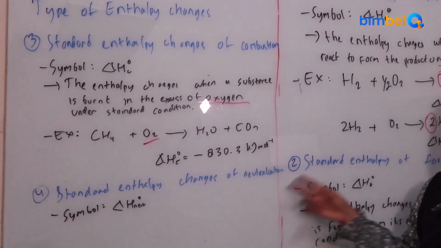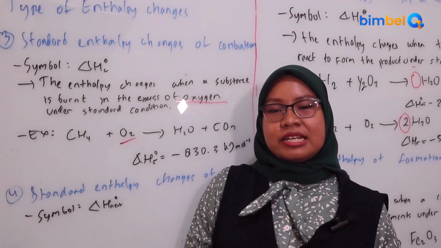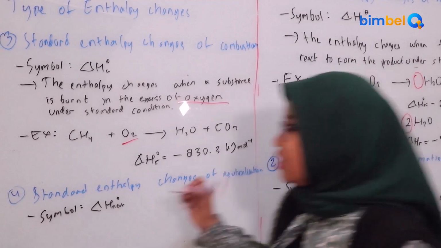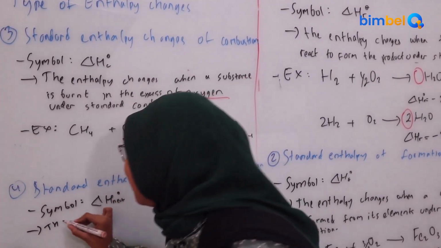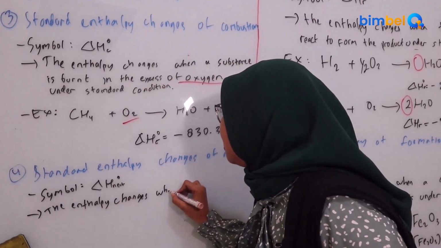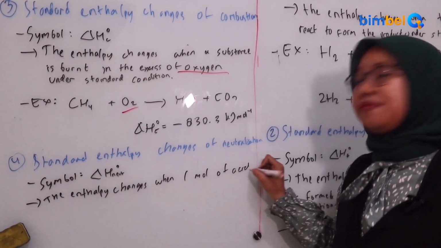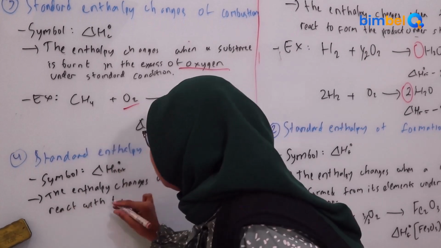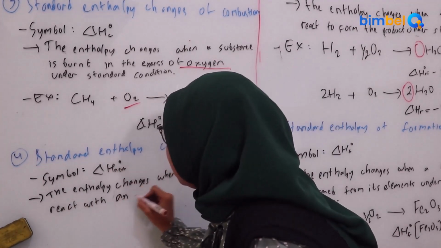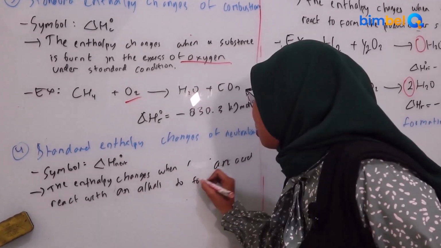Just like its name, neutralization means you react an acid and an alkali and you form water. So the definition is the enthalpy change when 1 mole of acid reacts with an alkali to form water.